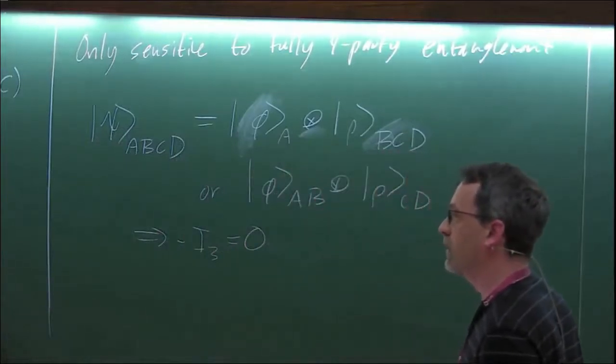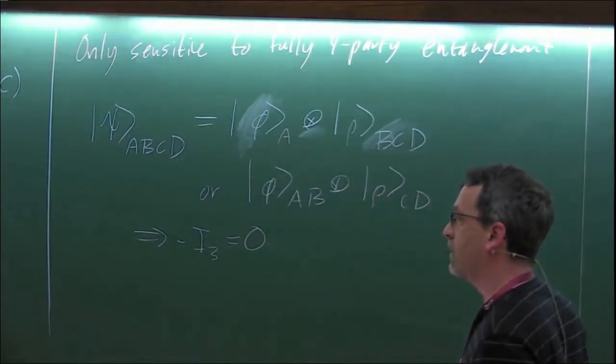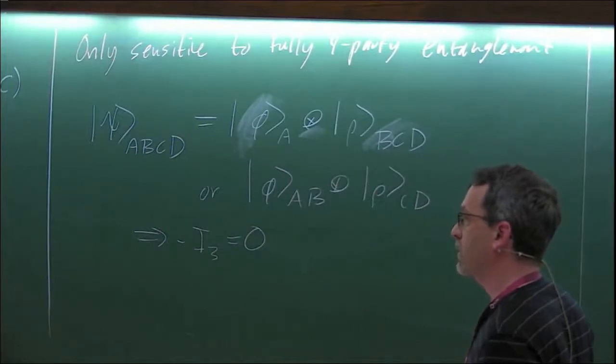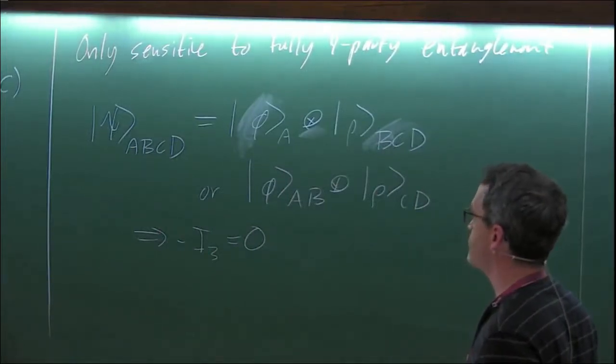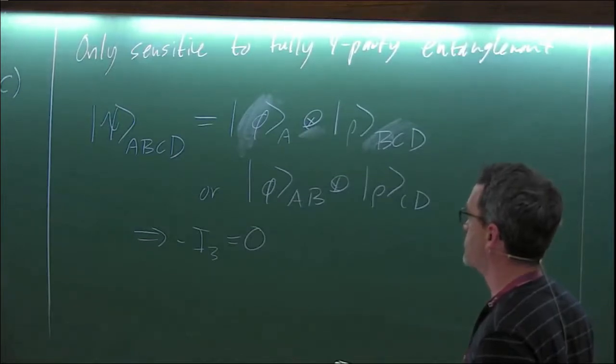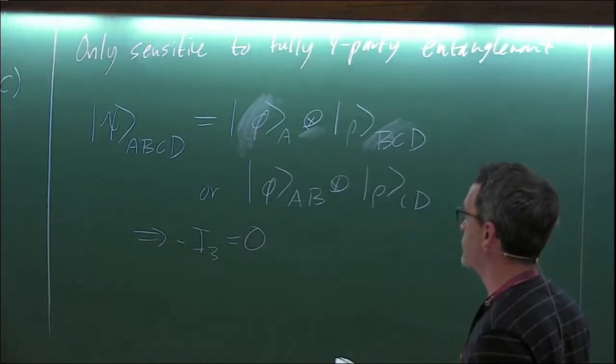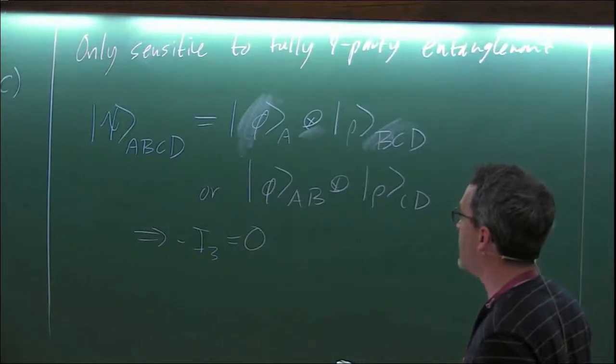But in general, you might have a separable state, which is a sum over product states, and that is not something we call genuine four-party entanglement, right? That's a classical mixture. My state is pure.